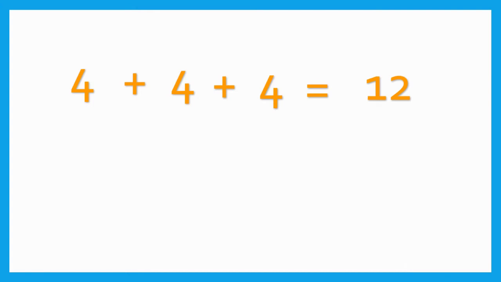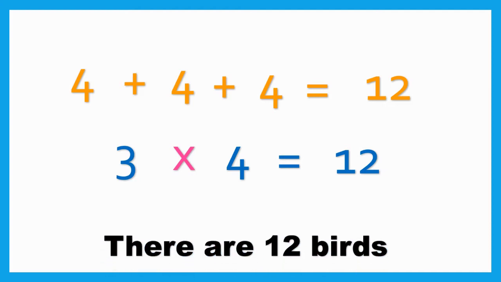So we have to add 4 three times. 4, add more 4, add more 4 equal to 12. So 3 into 4 equal to 12 birds. So there are 12 birds all together.